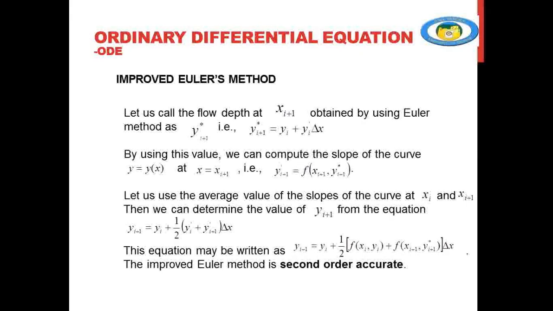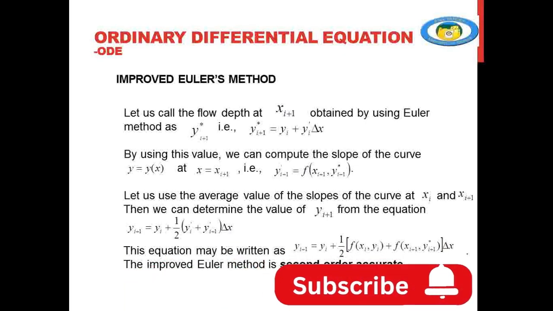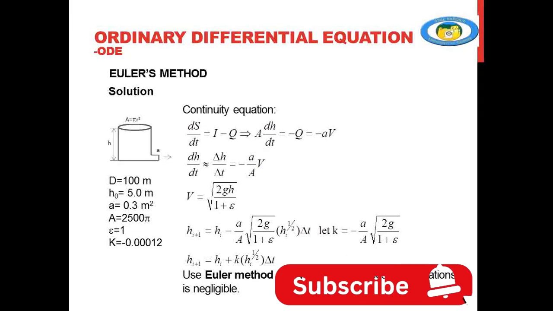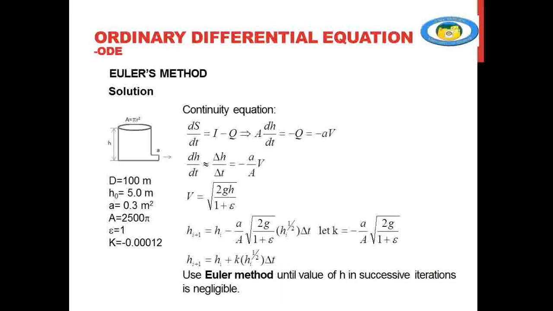So you can try to solve the same problem using the improved Euler's method. Remember, all you have to do is include here hi plus 1 equal to hi plus 1 over 2 times k times radical hi plus k times radical hi plus 1.